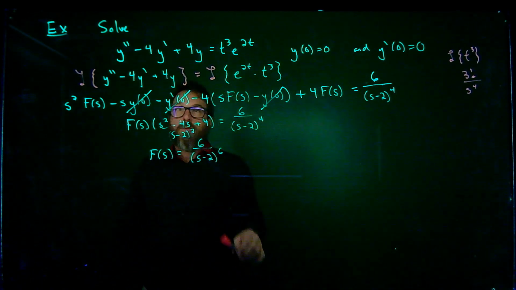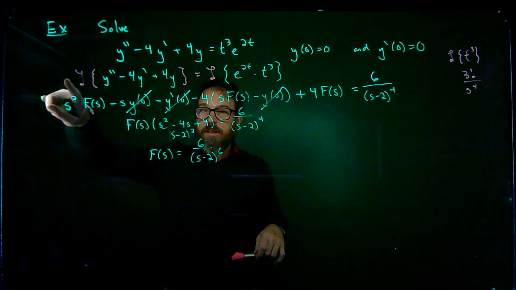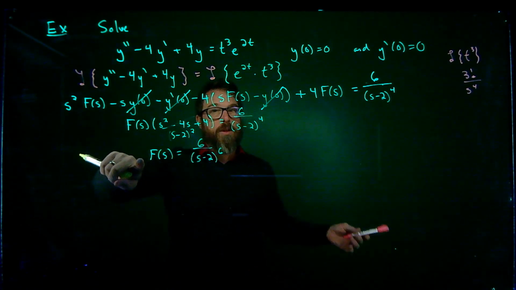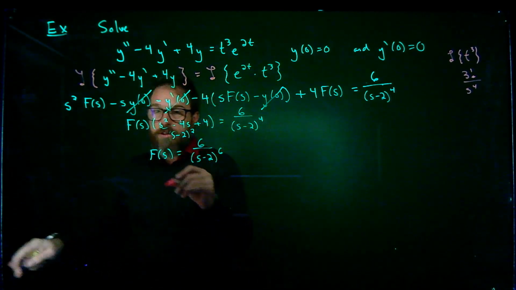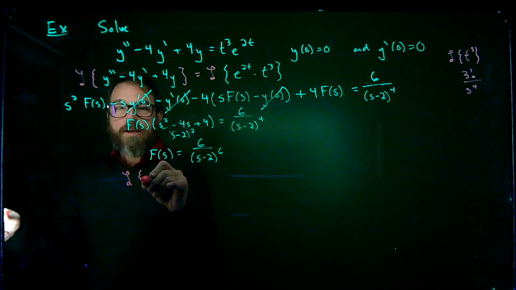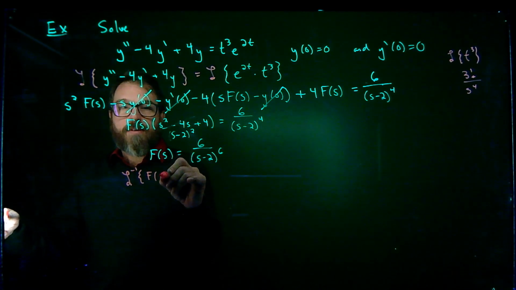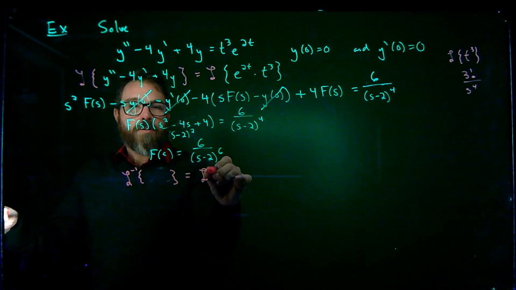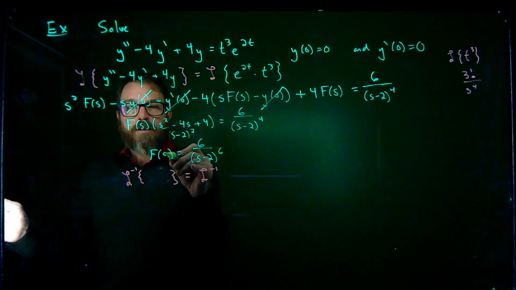Now our last job: we Laplace it to make it algebraic, we solve it for capital F of s, and then once we Laplace inverse this thing, we are done. This is going to be the solution. So Laplace inverse of capital F of s is going to equal the Laplace inverse of this other side.